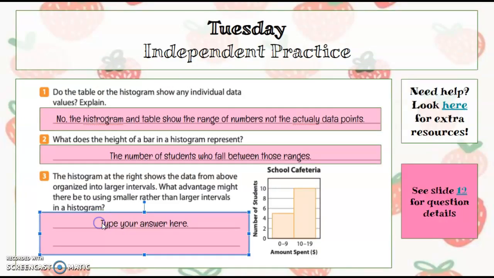So that means when you have a larger range for your histogram, the data is not as accurate for us to be able to interpret.